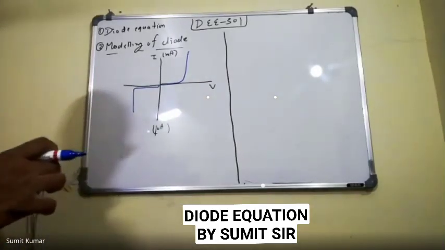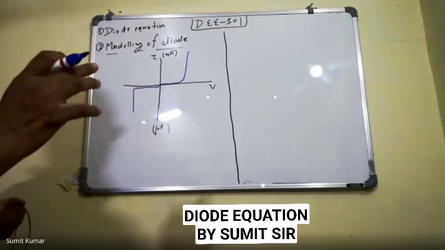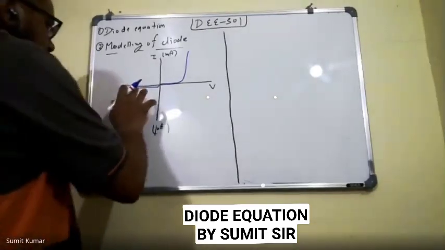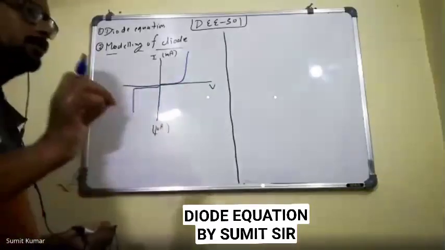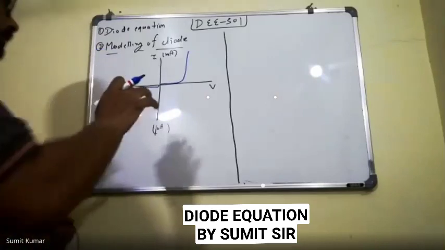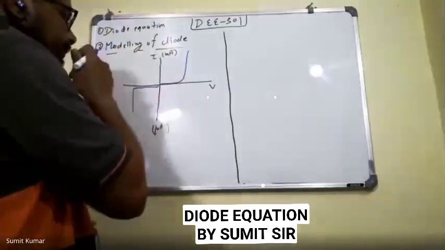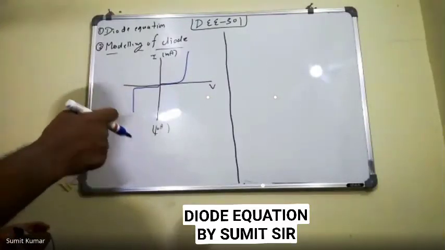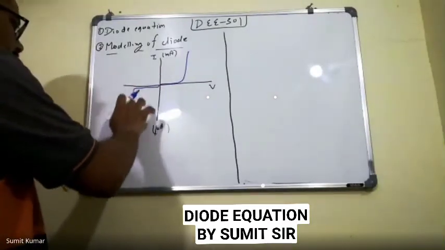In that scenario the current is very small, and that current is equal to the drift current we discussed in the previous class. And in the forward bias the diffusion current flows because the barrier is broken.